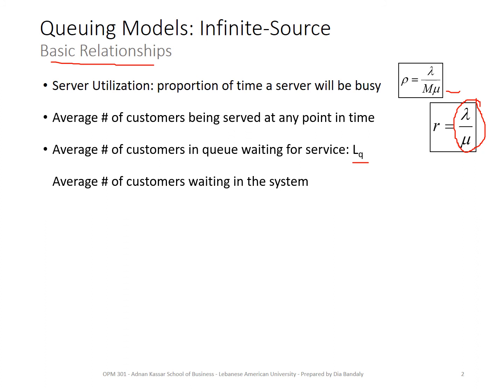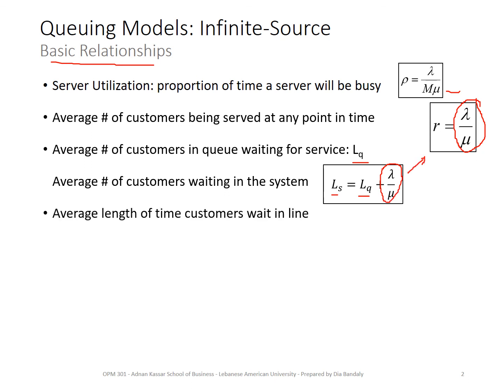We have seen that graphically. LS is the number of people waiting in line, plus those being served, which is lambda over mu. Here we go, which is this one. Then the average time a customer waits in line. This is WQ, and this is always equal to LQ over lambda.